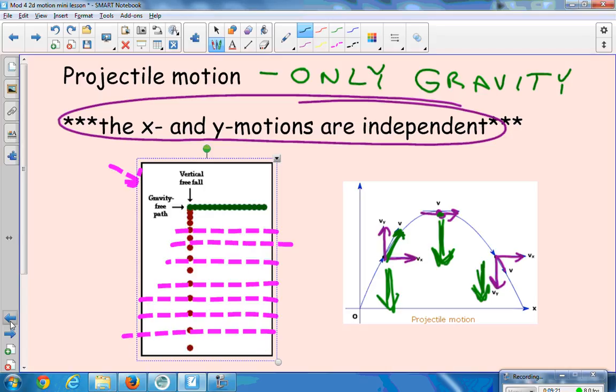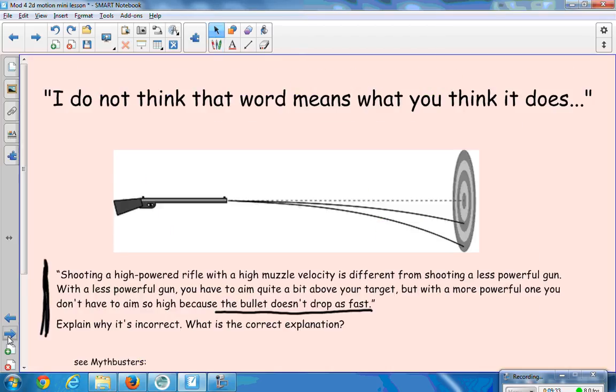We could follow another path. Instead of this one, I could say, I'm going to throw it faster, so it's going to fall somewhere over here. Same thing, it's going to fall at the same rate. So the behavior is the same. That's why people believe it. It works. But it's not quite accurate.